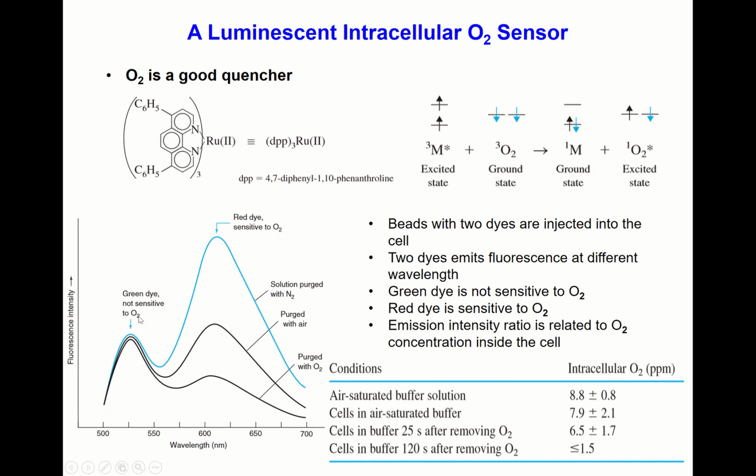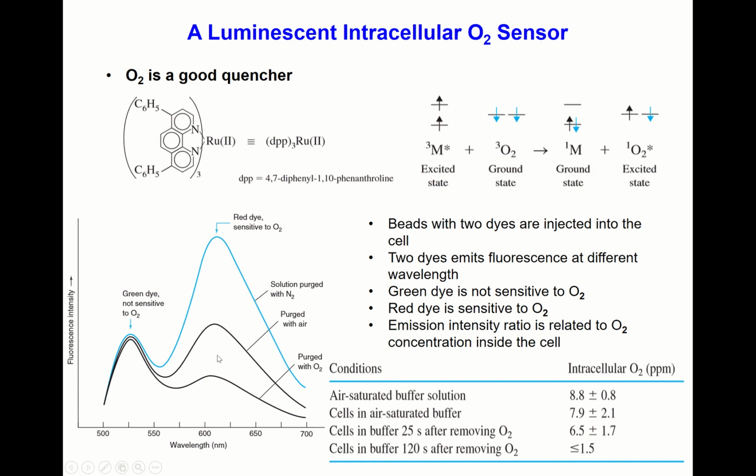But the other dye, a green dye, while this one is a red dye. This green dye, we don't know exactly what it is, but it also generates fluorescence. But its intensity does not depend on oxygen.